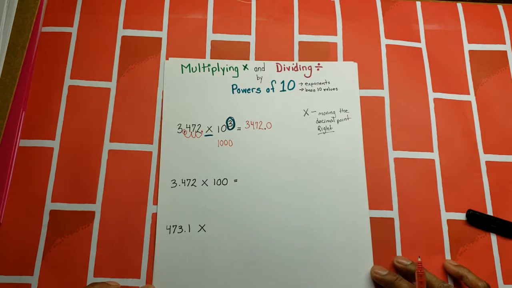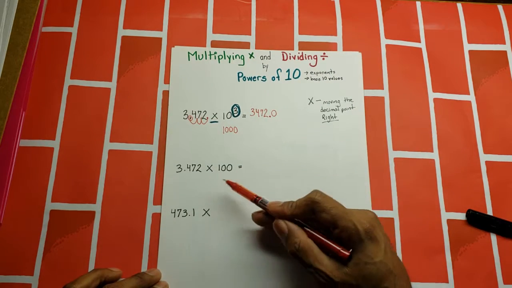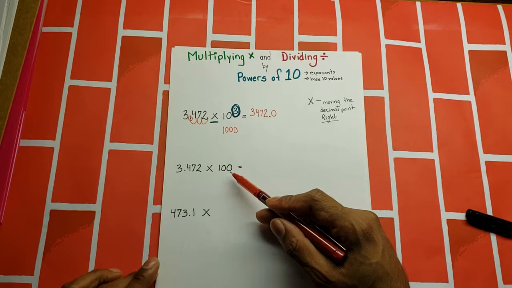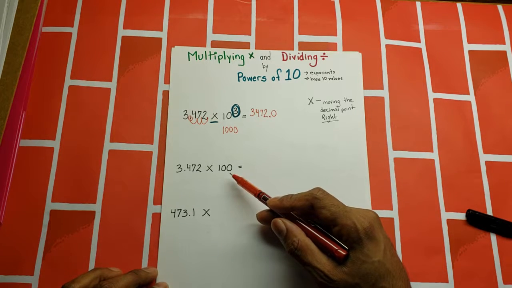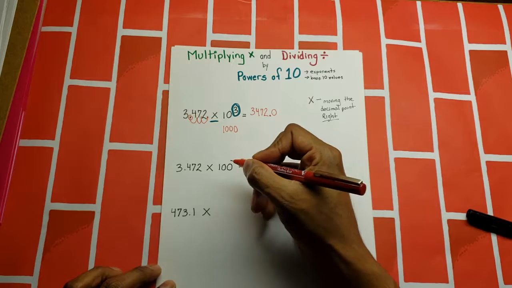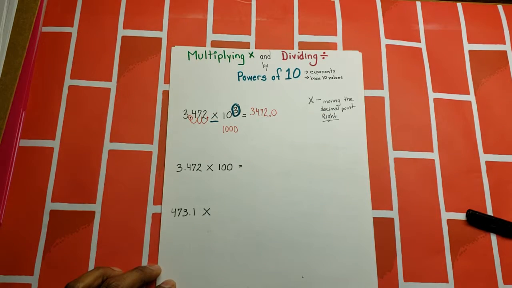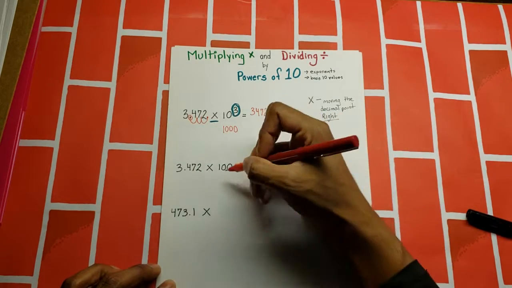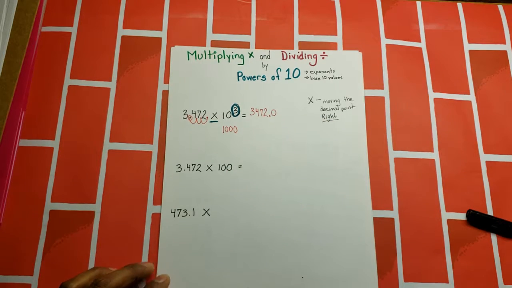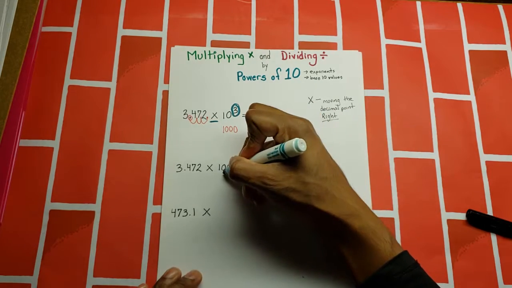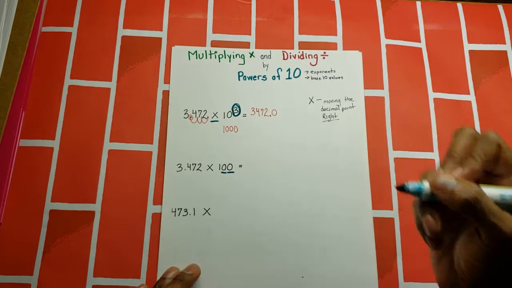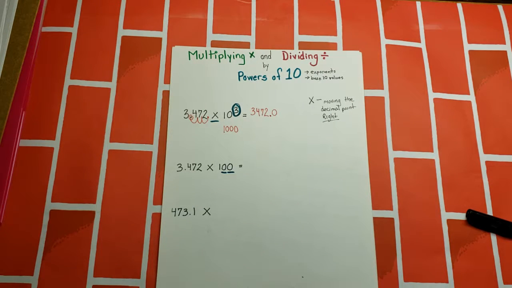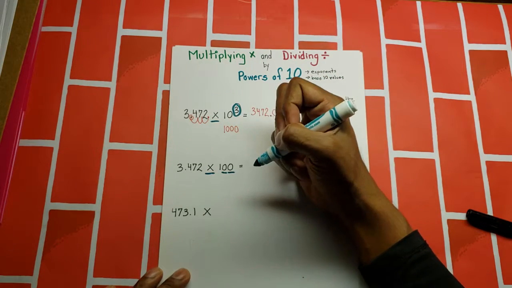Now let's look at the second example. In the second example, I already have this in standard notation and not in exponential form. Again, identify the number of zeros. I have here 2 zeros in the number 100. So these 2 zeros will indicate to me how many place values I will have to move or shift to the right. Again, I am moving to the right because I am multiplying.